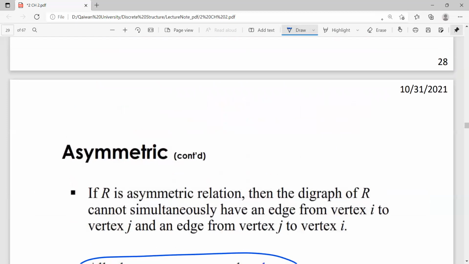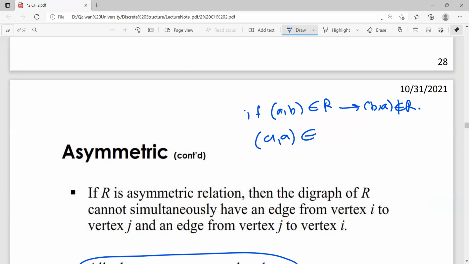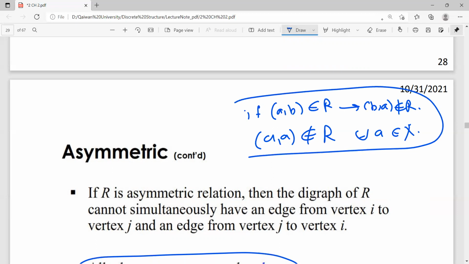What's the condition on an asymmetric relation? If (A,B) belongs to R, then (B,A) must not be in R, and also (A,A) must not be in R, for all A in X. So it must satisfy this condition.